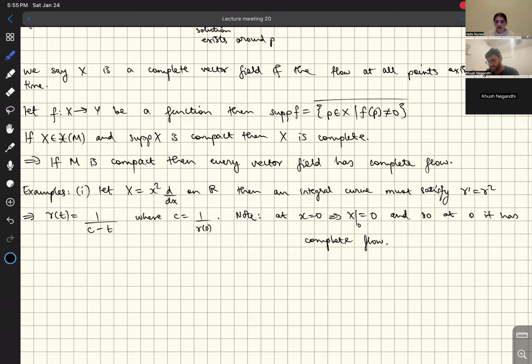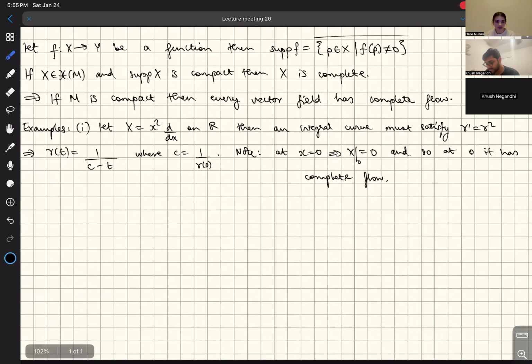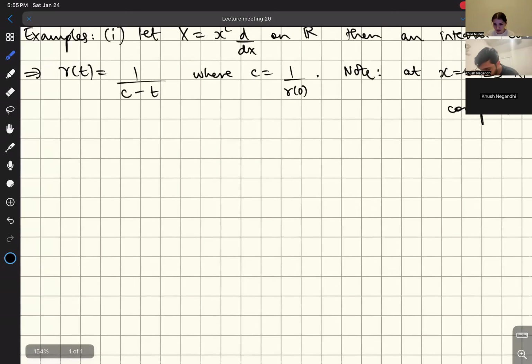Okay, let's do another example, one where there is complete flow. Let X equal x dx.